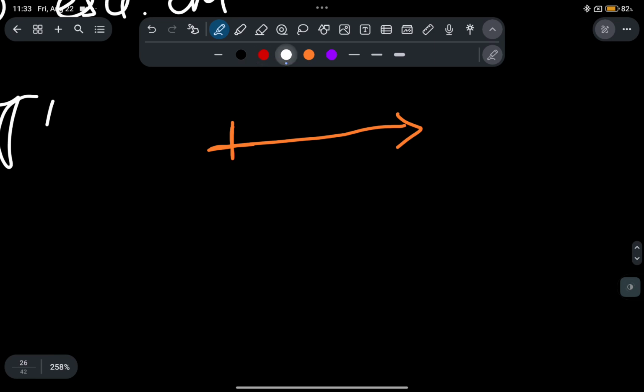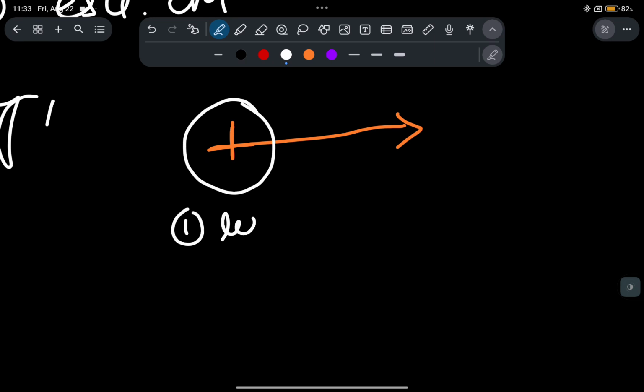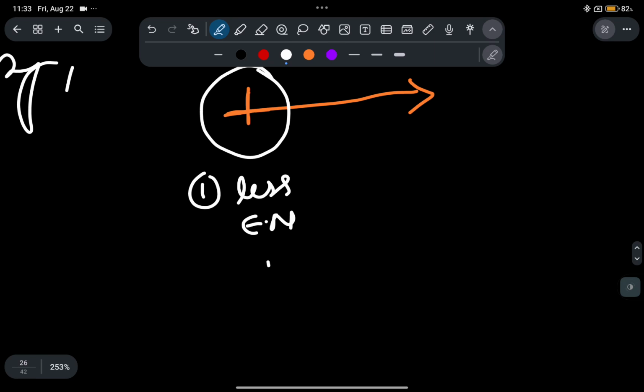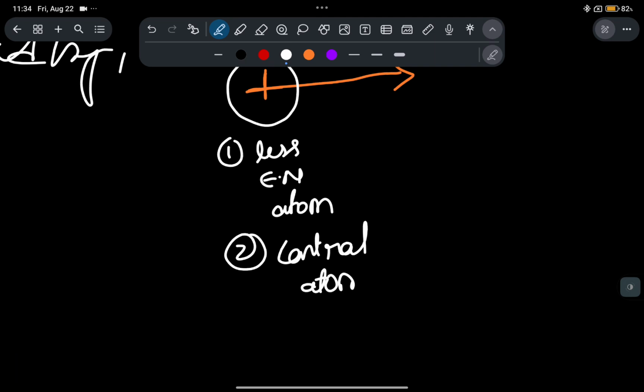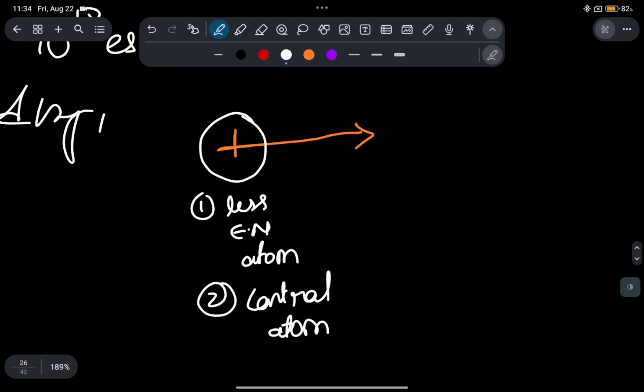This plus side represents the less electronegative atom, the central atom.